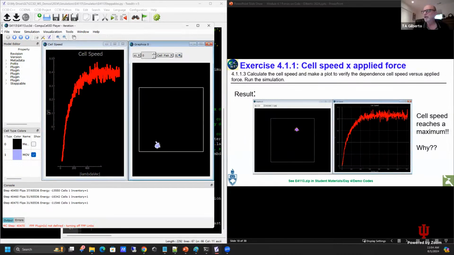Yeah, something like that. Because if the cell is finite, you have a size for the cell, and the force is being applied to each pixel of the cell.